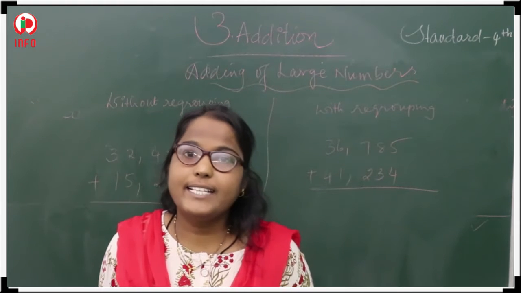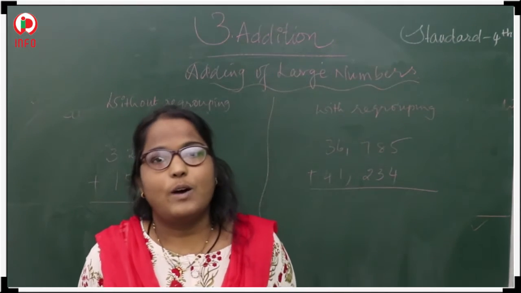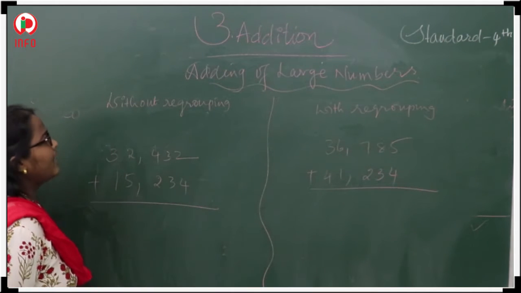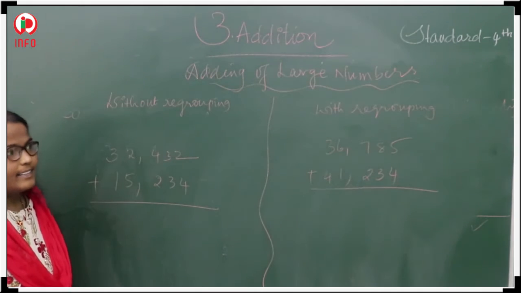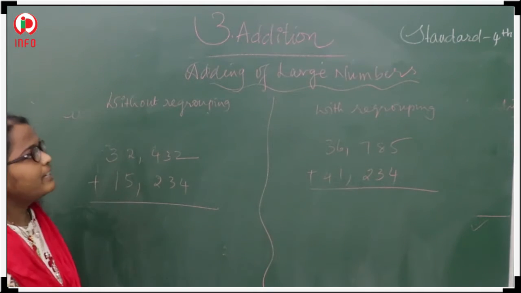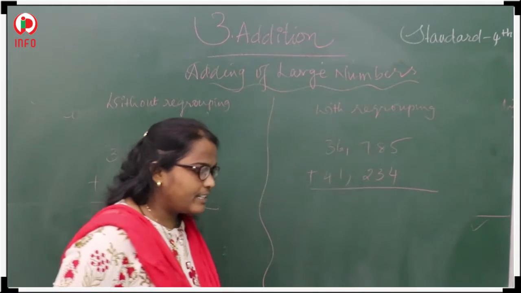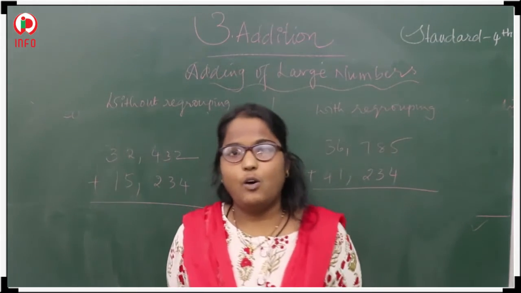We always start adding from the ones place. Now we have 2 types of methods: the first is without regrouping and the second is with regrouping.